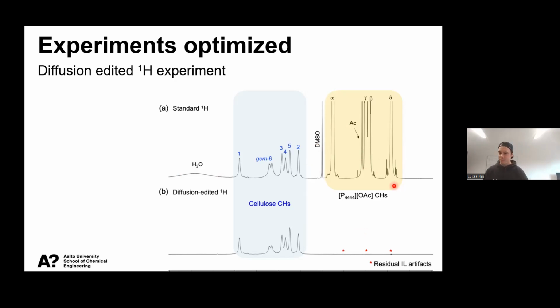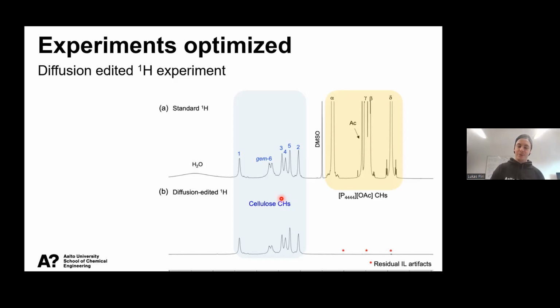And why I like this experiment a lot is that it looks like a standard 1H experiment, the experiment I used the most in my former studies on small molecules.